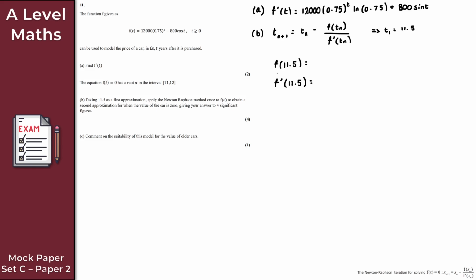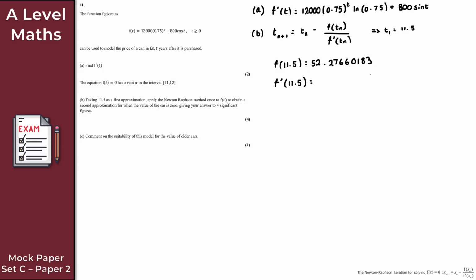Okay, so all we need to do here, right, is just substitute 11.5 into f of t and also f prime of t, right? Should hopefully be nice and straightforward, so just simply use your calculator here. If you do this correctly then, for f of 11.5, what you should get here is 52.27660183.